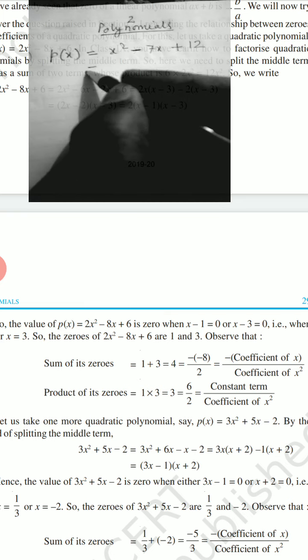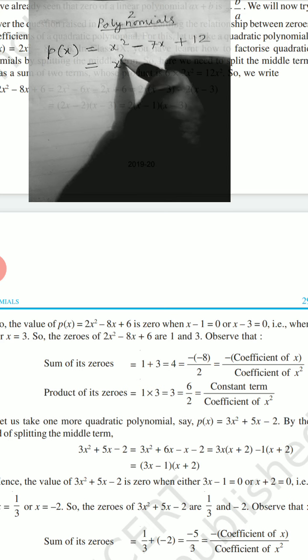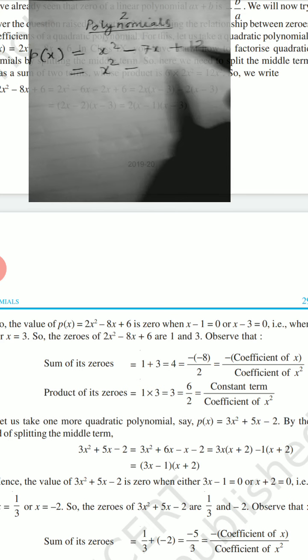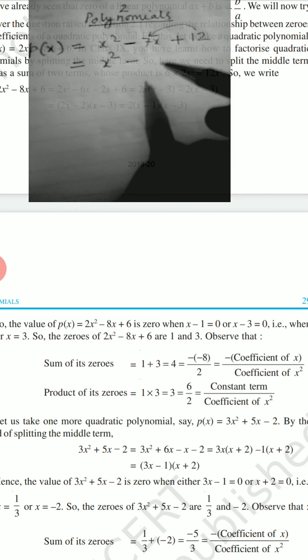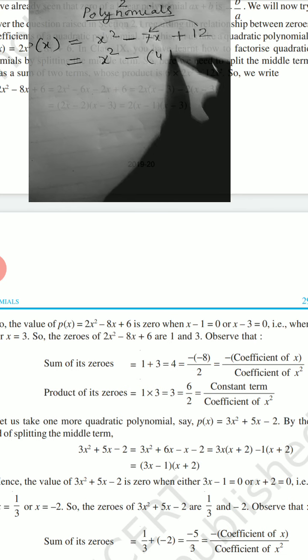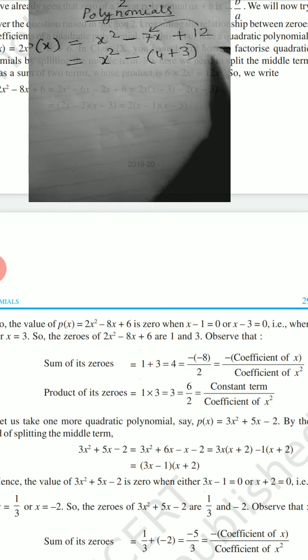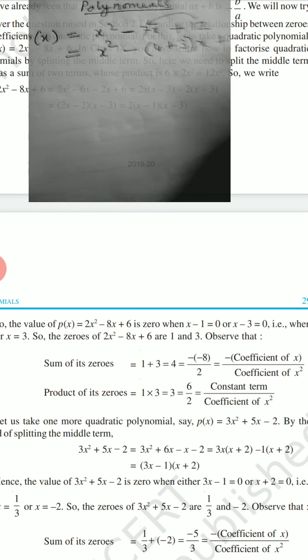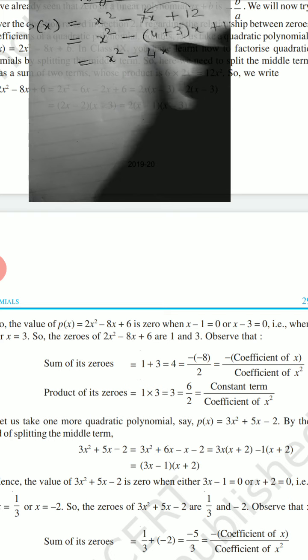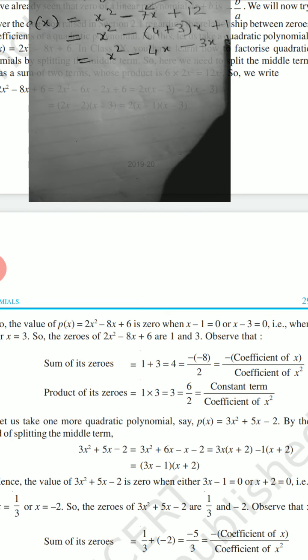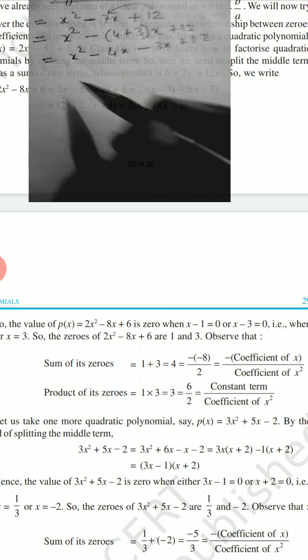So here you can see I am factorizing it by splitting the middle term. The factors of 12 whose sum is 7 are 4 and 3, because 4 plus 3 is 7 and 4 into 3 is 12. Now it becomes x square minus 4x minus 3x plus 12.